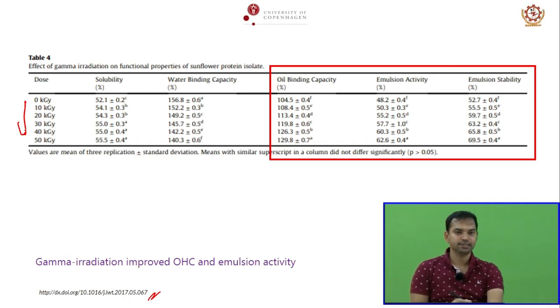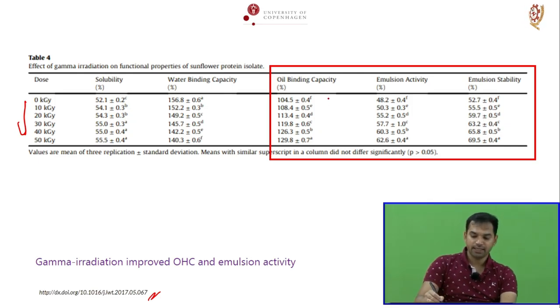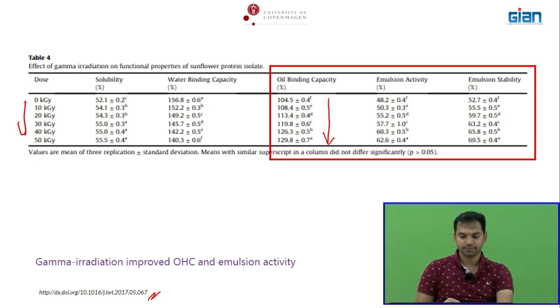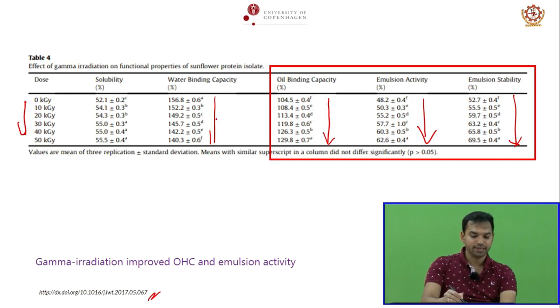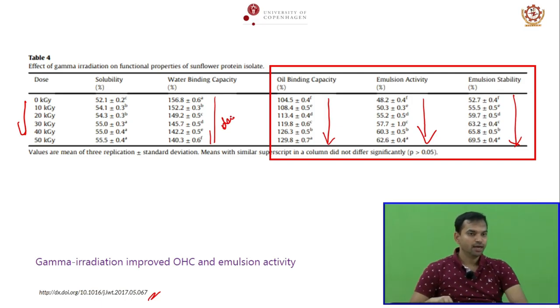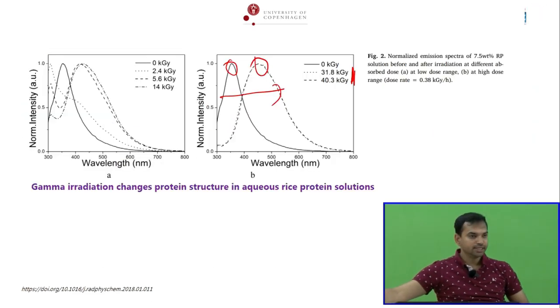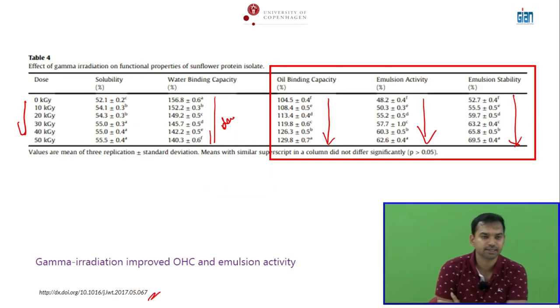They're increasing the irradiation dose, and you can clearly see that the oil binding capacity is increasing. Emulsion activity is increasing, oil in water. Emulsion stability is increasing. Water holding capacity is somewhat decreasing. Now, can you correlate this one with this one? What is exactly happening? What kind of protein structural changes are taking place?